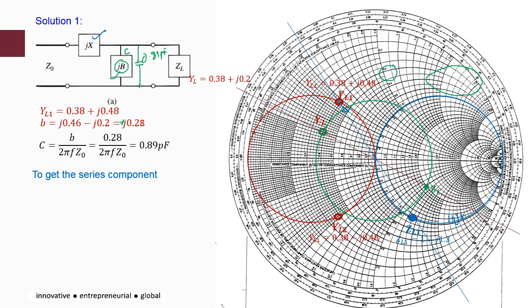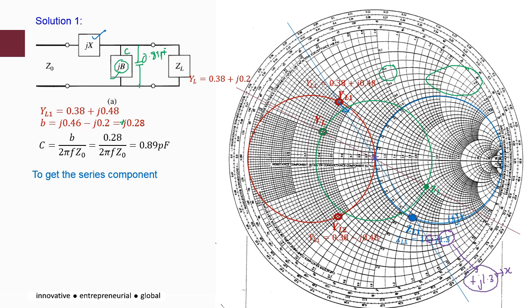To know what components will be there, you need to look at the X value. The X value is not directly the value there; you need to look at what X will be if you want to match this to the zero position. To eliminate the imaginary part, you need to introduce plus j1.3. Because here it is negative 1.3, to cancel this out you need to introduce plus j1.3.